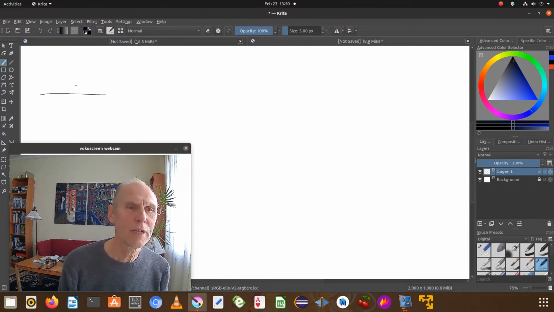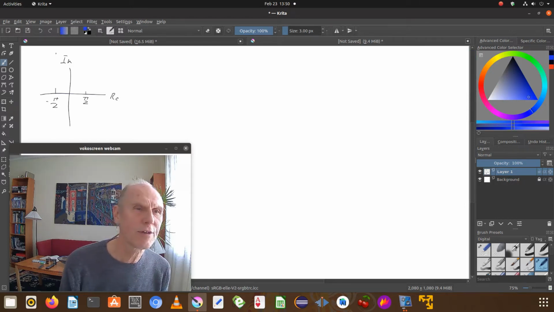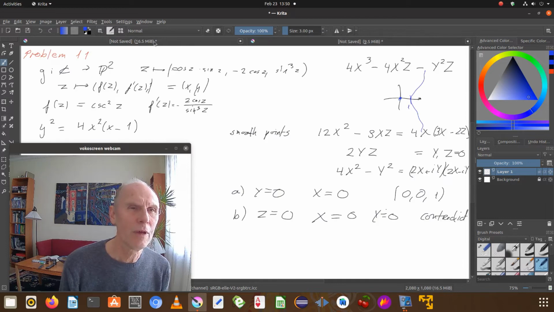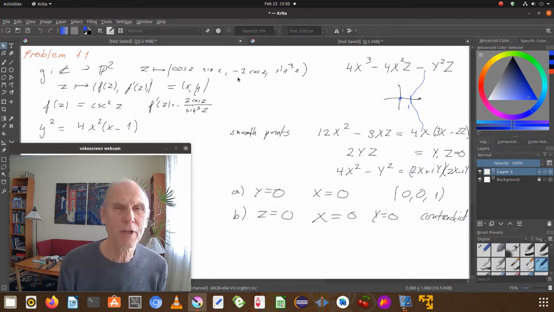So on the complex plane, we consider a strip here. And that's because this function is periodic with period 2 pi. No, that's interesting.